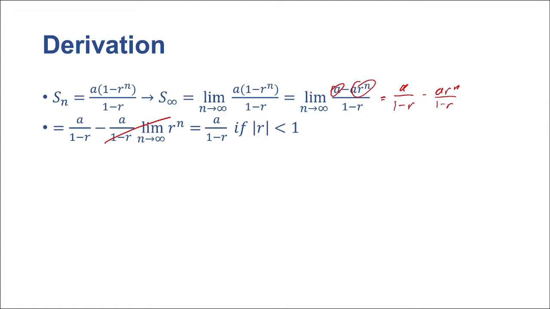If r is bigger than 1, then r to the n is going to get increasingly bigger as n approaches infinity. However, if we get closer and closer to 0, if I do like r equals 1/2, and keep raising 1/2 to higher powers, then we're going to get closer to 0.